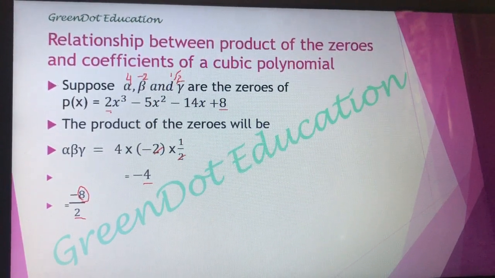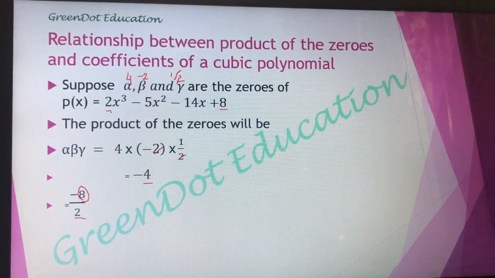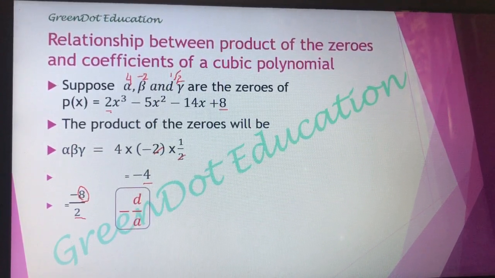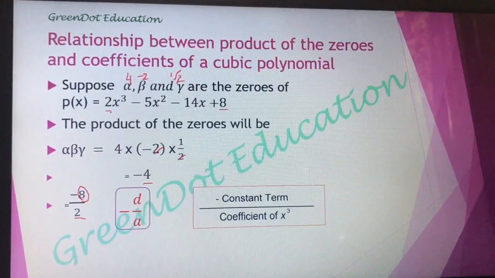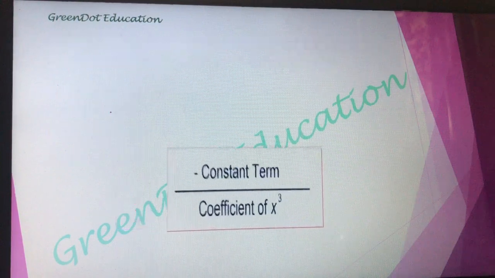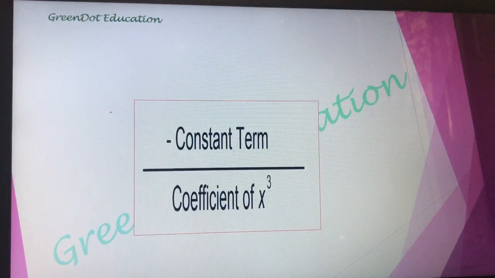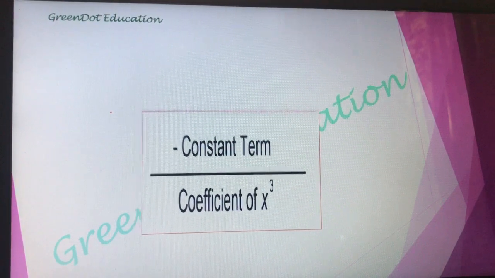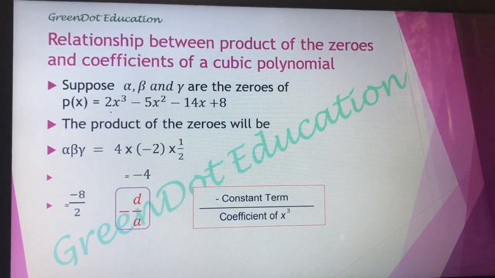So we can show this relationship as the negative ratio of the constant term to the coefficient of x cube. So there exists a relationship between the product of zeros and the coefficients of cubic polynomials.